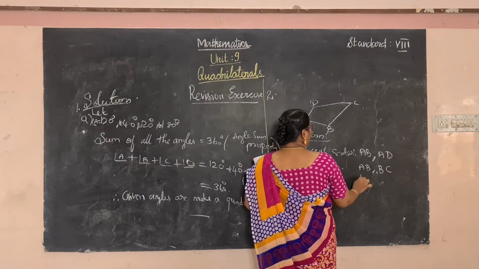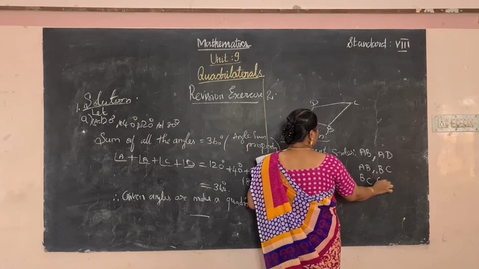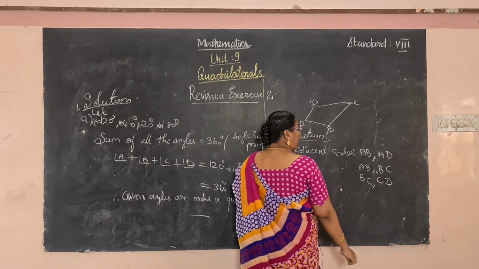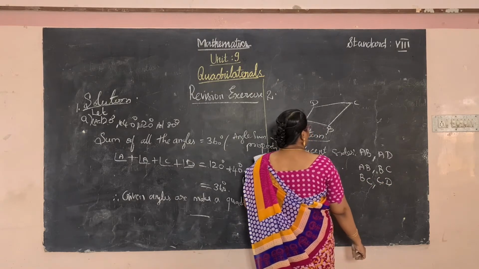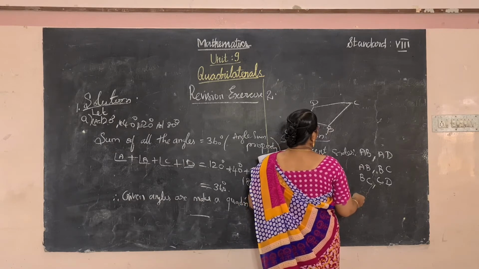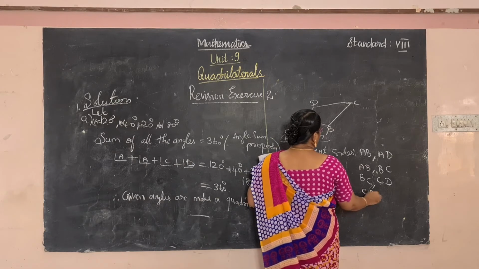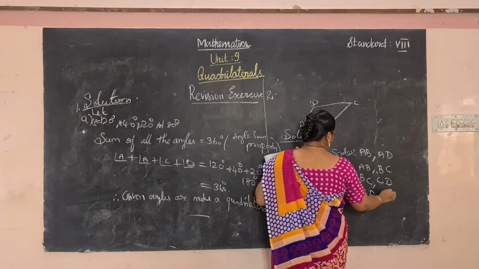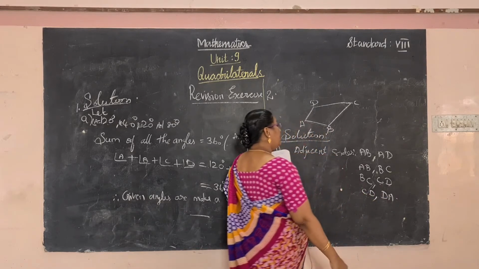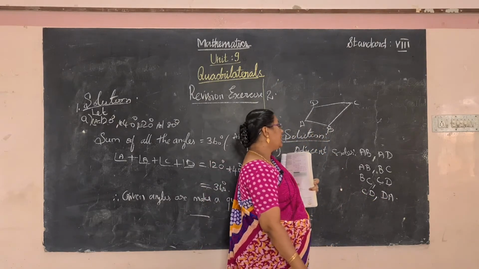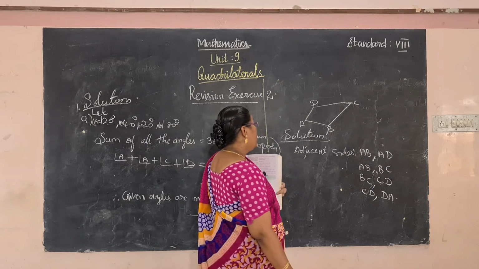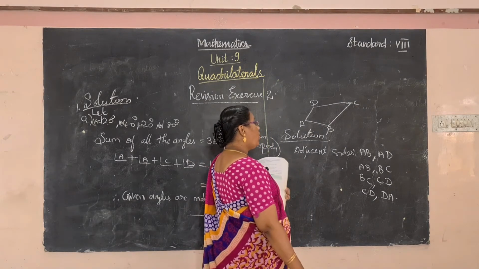And then BC, CD is another pair of adjacent sides. And next one CD and DA. These are all called the adjacent sides of the quadrilateral.